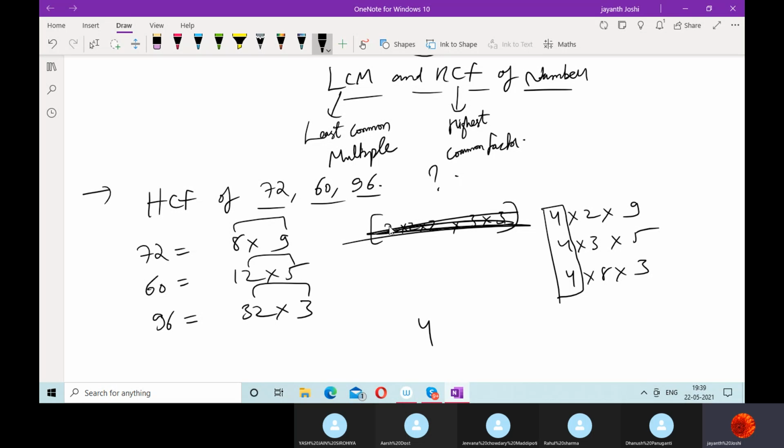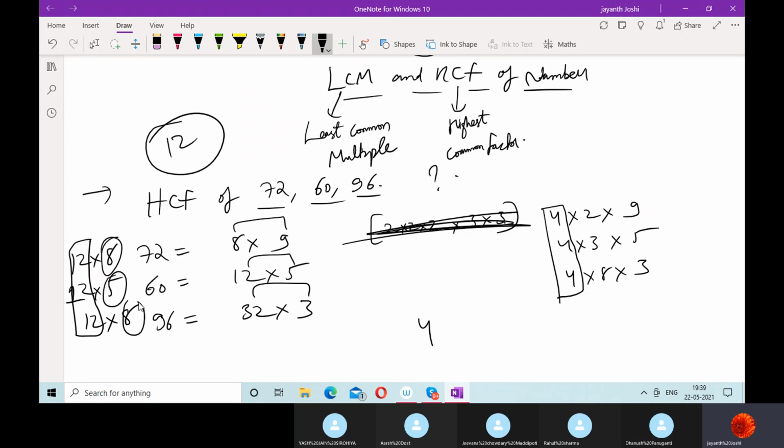We can take time to solve this, but if I want to do it in one step, so what is the HCF? 12. That's it, finish. Why? Because 12 is common in all. This does not have any other common factors.